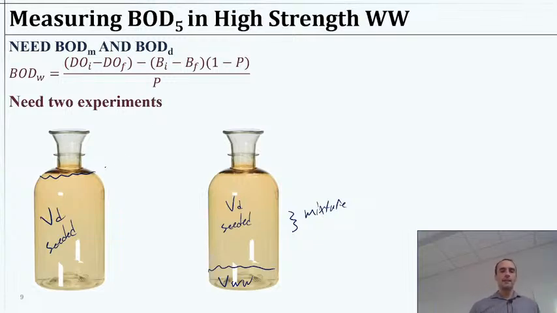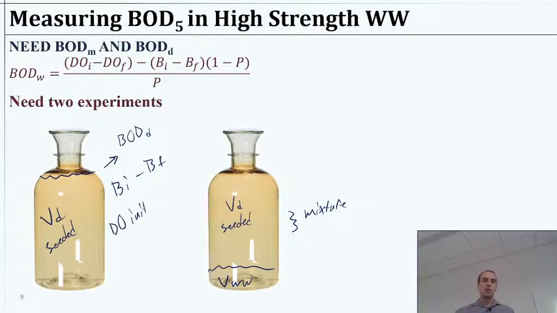When we do the DO initial minus DO final for both of these scenarios, we can get our results. This is how we find the BOD in the dilution water, and we will describe this as B initial minus B final, where BI is the dissolved oxygen initial for the dilution.